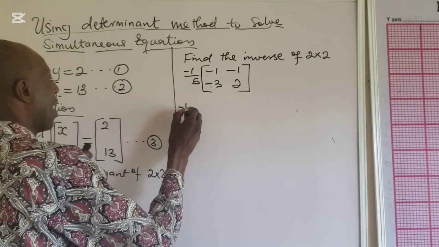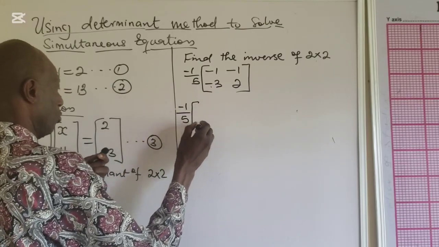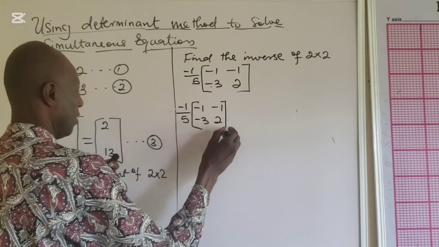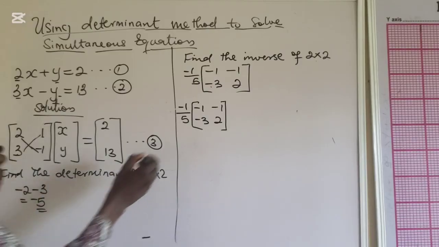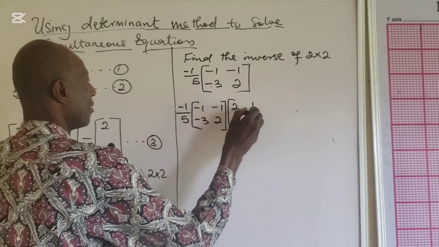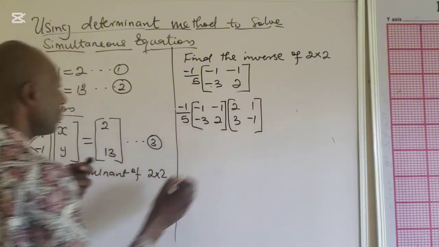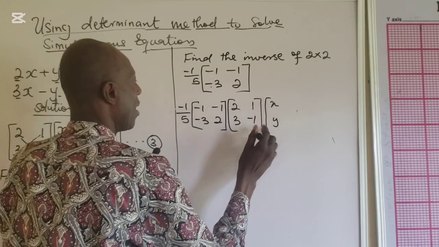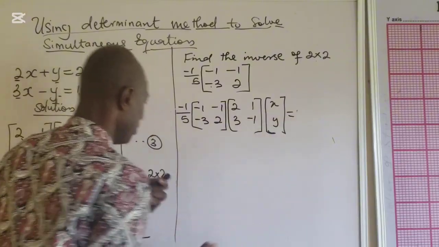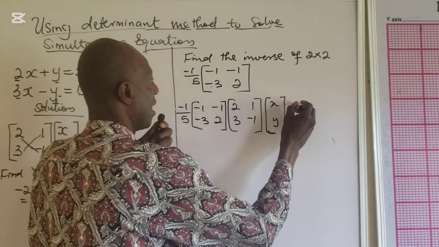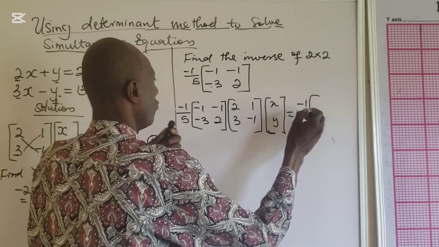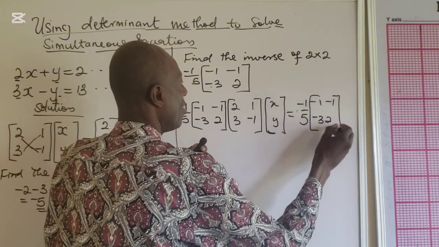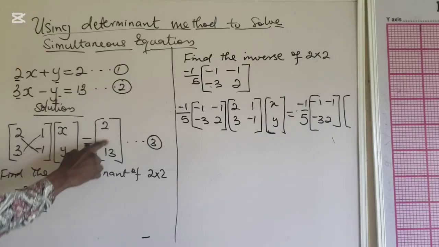It simply means minus 1 over 5 into minus 1, minus 1, minus 3, 2 is multiplying 2, 1, 3, minus 1, then x y, is equal to the same inverse, which is minus 1 over 5 into minus 1, minus 1, minus 3, 2, this time into 2, 13.